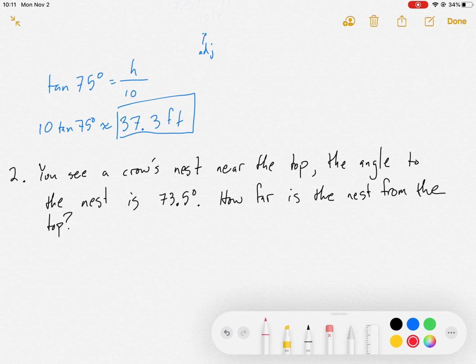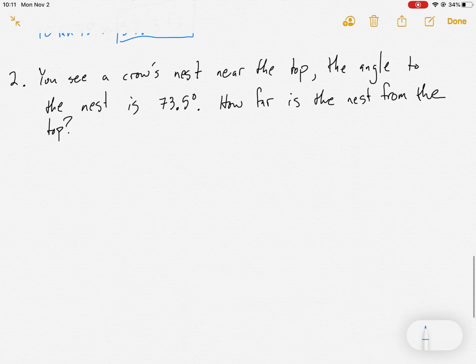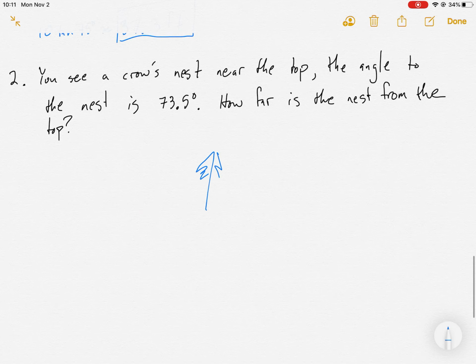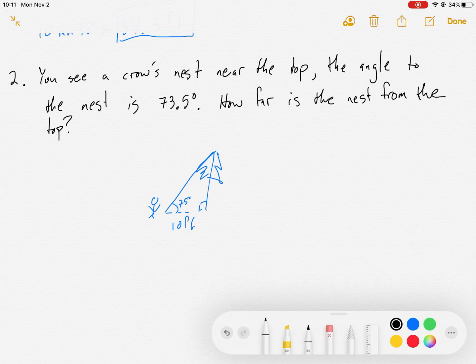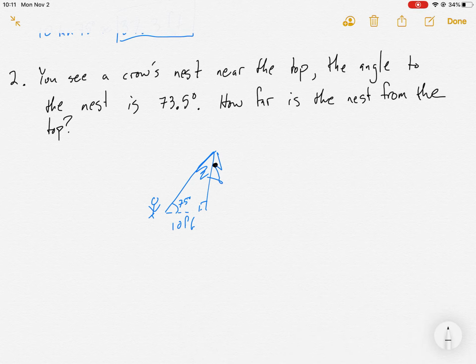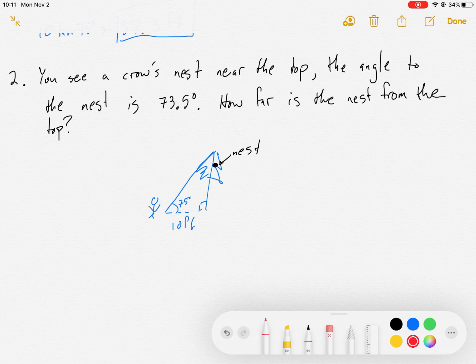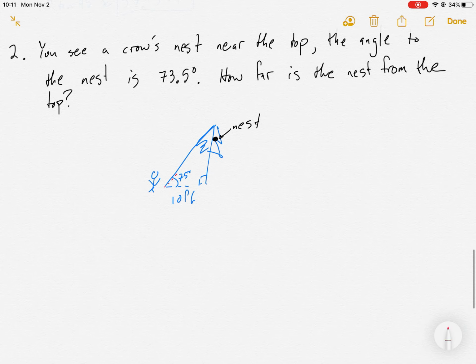So going back to our picture now, we still have our tree. You're still 10 feet away. But now you notice that there's a nest somewhere here. And you realize that the angle to the nest is 73.5.